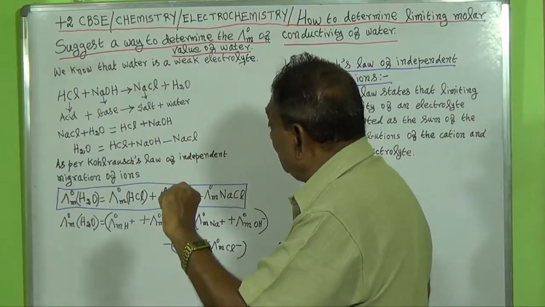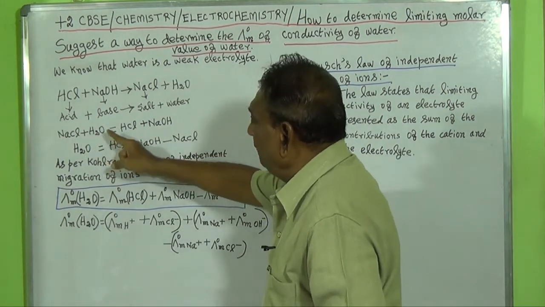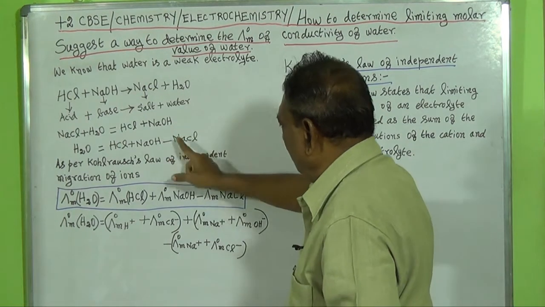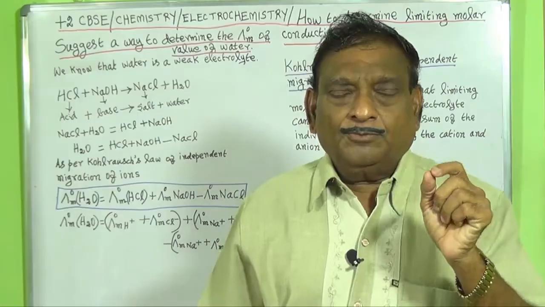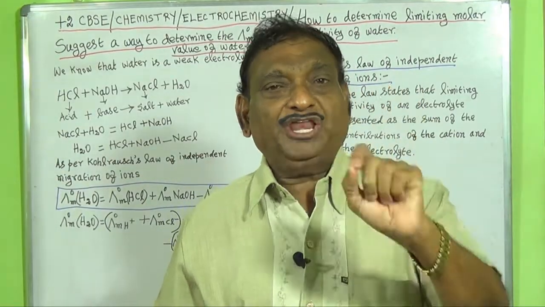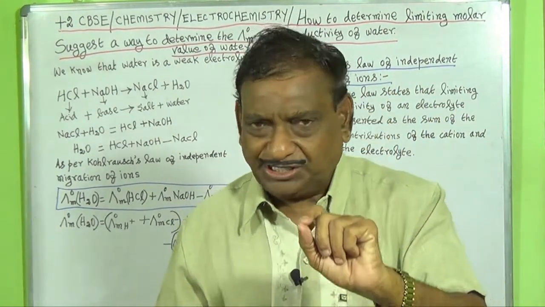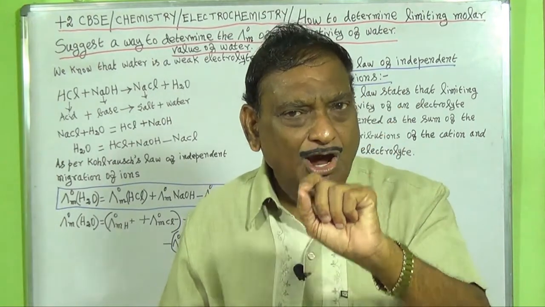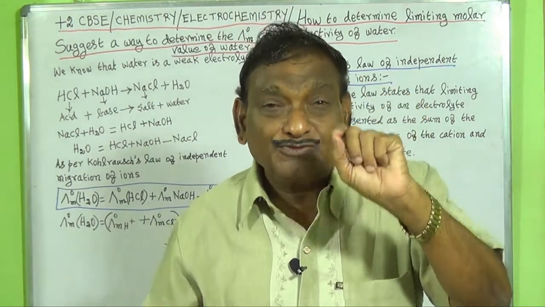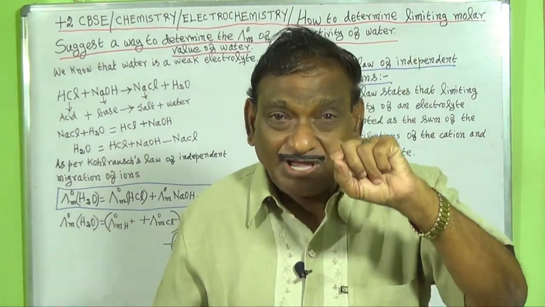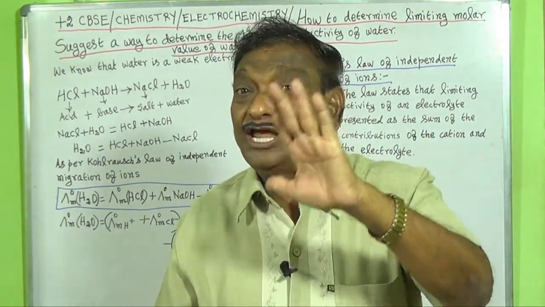From this equation, we can get the equation for water, that is H2O. If we bring sodium chloride from the left side to the right side, it becomes minus NaCl. What is the Kohlrausch law of independent migration of ions? The law states that the limiting molar conductivity, that is lambda m naught, of an electrolyte can be represented as the sum of the limiting molar conductivity of the cations and the limiting molar conductivity of the anions of that electrolyte.